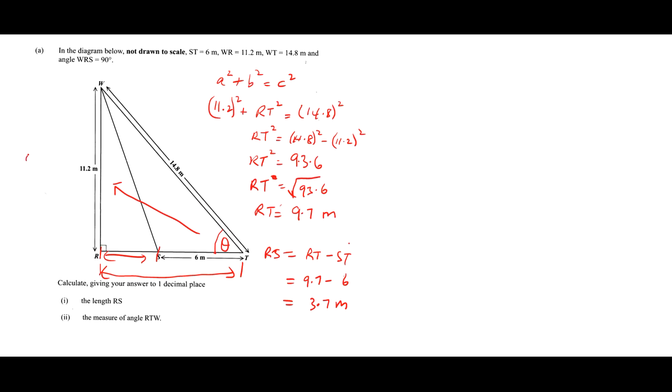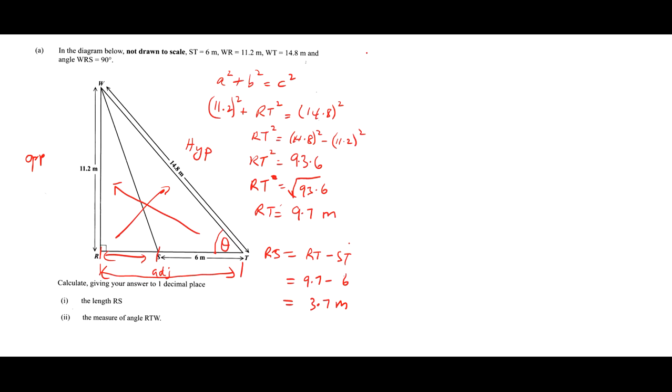This side is the opposite. This side is the hypotenuse. Right, the side opposite the right angle is the hypotenuse, and this side here, which is RT, is the adjacent. The reason why I'm labeling it like this is that we need to figure out which trigonometric ratio we're going to use to find the angle.